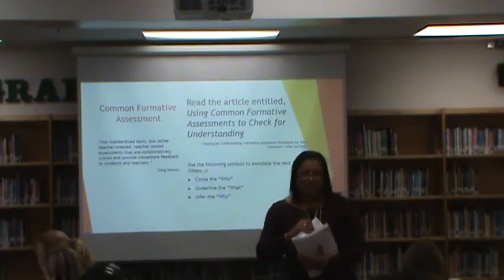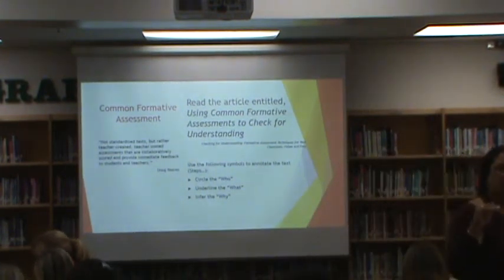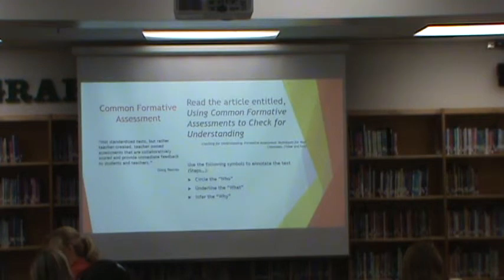The beauty of the common assessment is that it gives us a bar. We know what's been taught, we know what the expectation is on the assessment, and we can truly assess both our student competency or proficiency and our instruction.